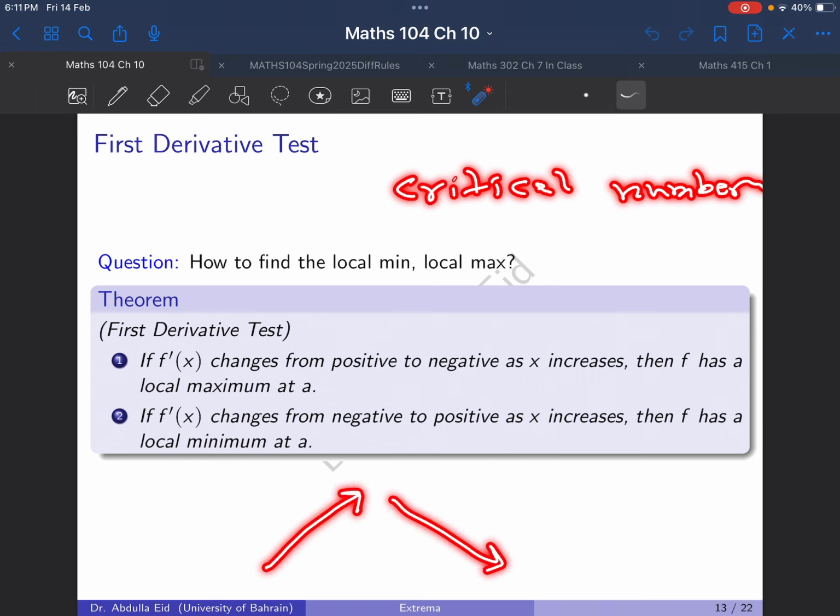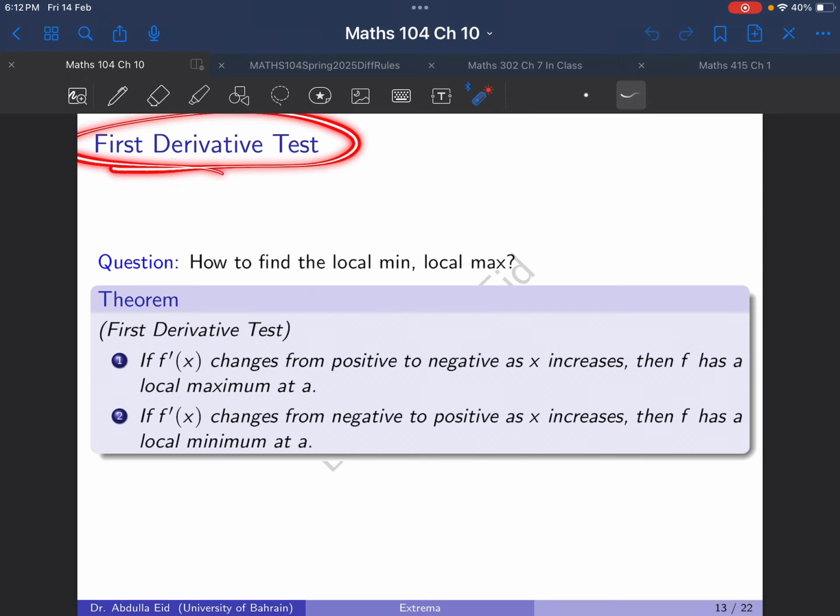And if we have the opposite, if the function goes down and then up, which means decreasing and then increasing, whatever we get here is a minimum. So we have maximum and we have minimum, and that's how the first derivative test works. Let's see some examples where we will apply all those rules, and I need you to focus with me in the coming examples.